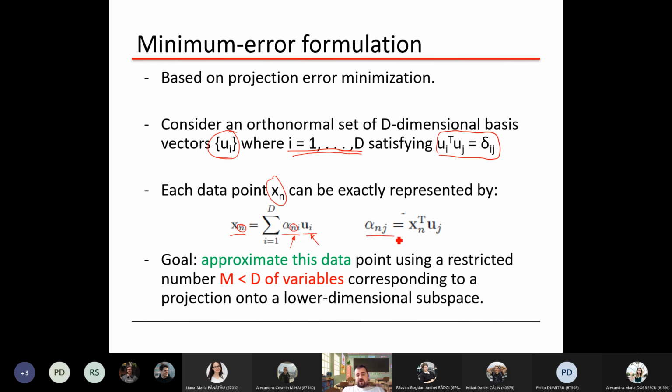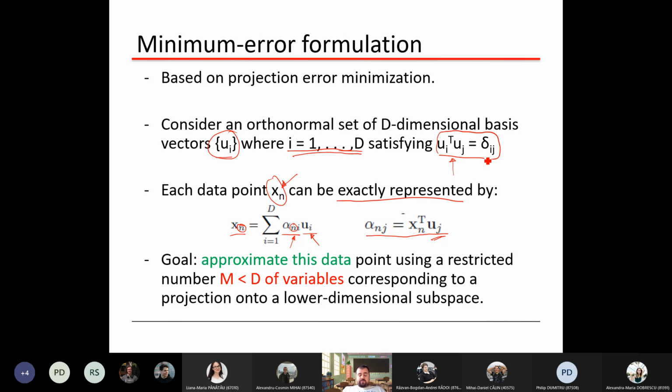So alpha nj is xn transposed multiplied with uj. It's the projection of xn on the basis vector uj. And this is how we can exactly represent the value of xn in this new space represented by the basis vectors that we obtained, ui with i from 1 to d.